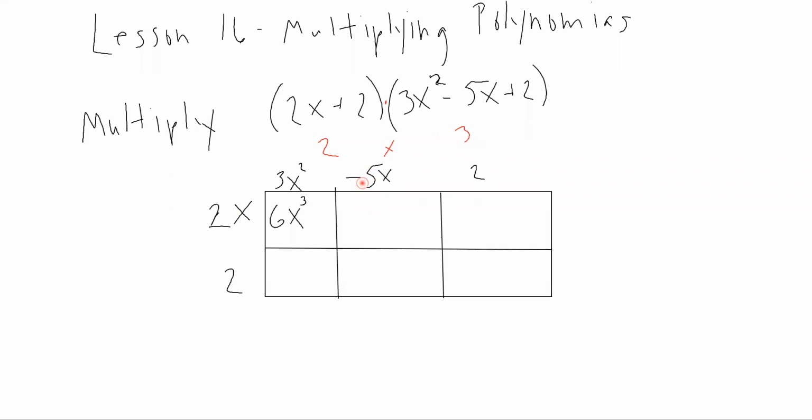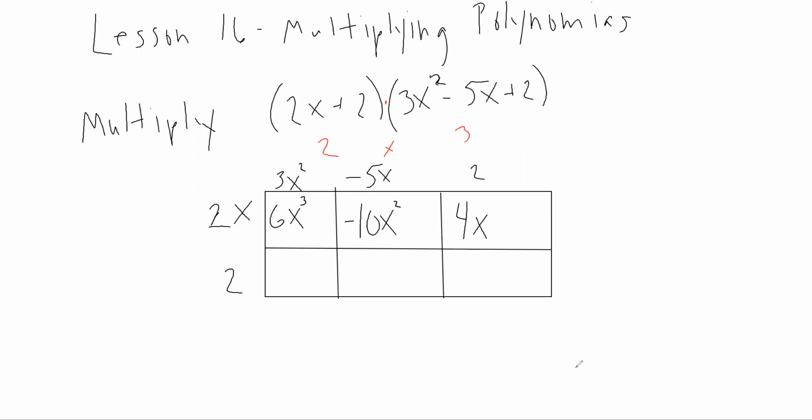So negative 5 times 2 gives me a product of negative 10, right? And then x times x gives me a product of x squared. Now I take this 2x still and I'm going to multiply it by the 2. 2 times 2 gives me a product of 4, and the x times nothing just still gives me a product of x.